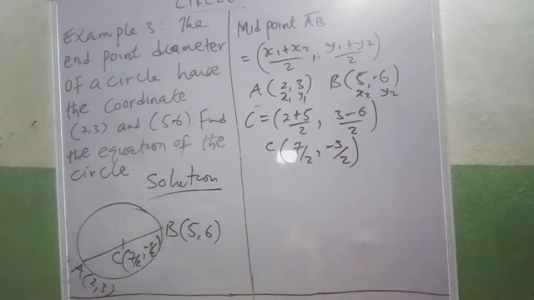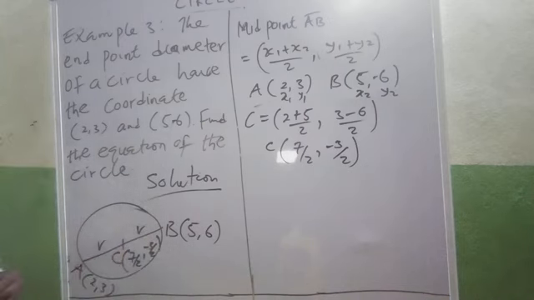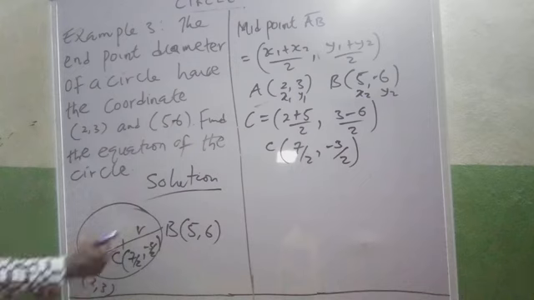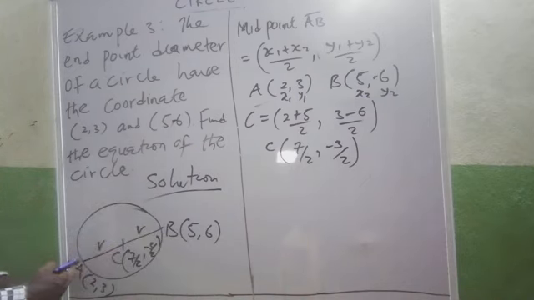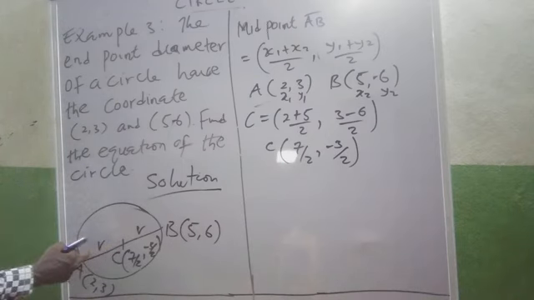Now, what you do is, if you have a case like this, remember this part is radius, this part is radius. So you can determine using any of these 2 points, either C and B or C and A, to determine the radius by finding the distance between 2 points.